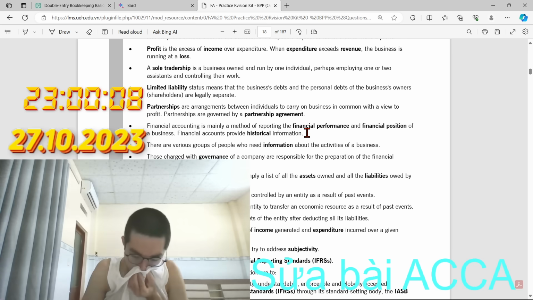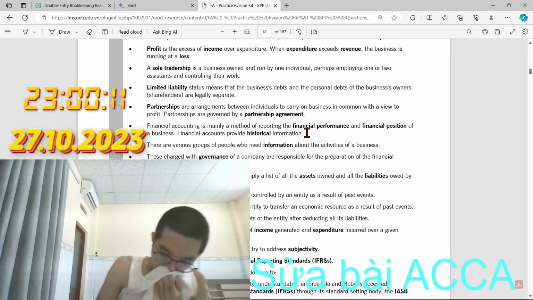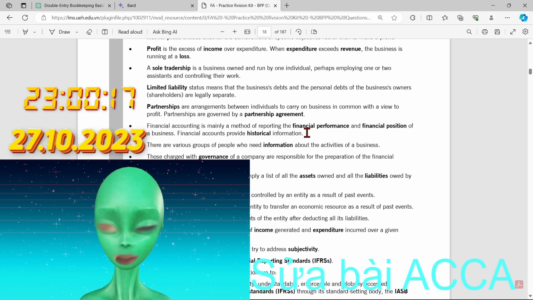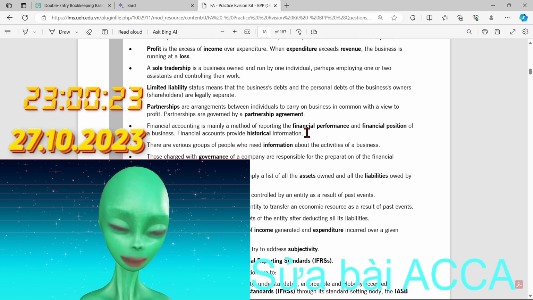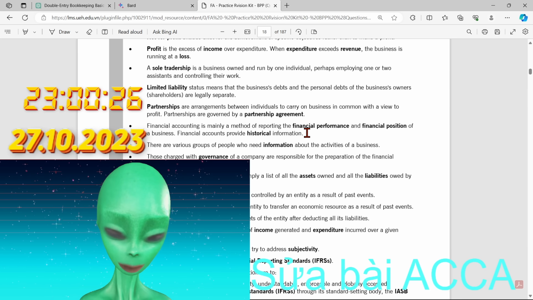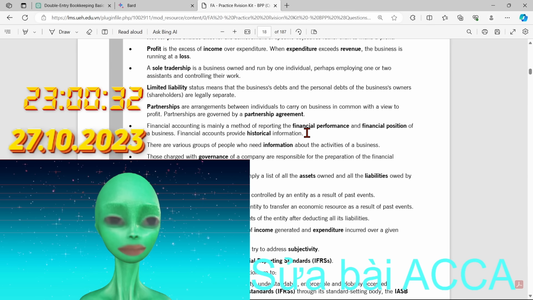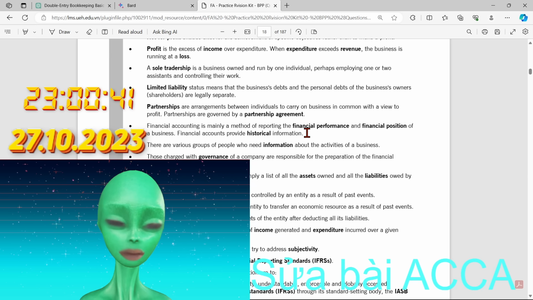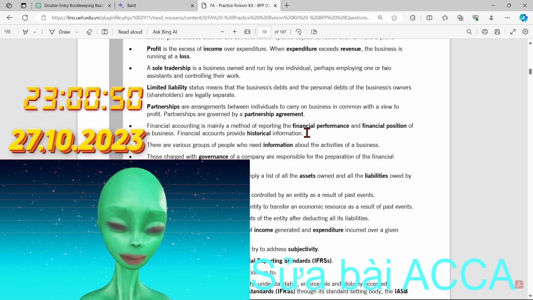A liability is a present obligation of the entity to transfer an economic resource as a result of past events. Equity is the residual interest in the assets of the entity after deducting all its liabilities.